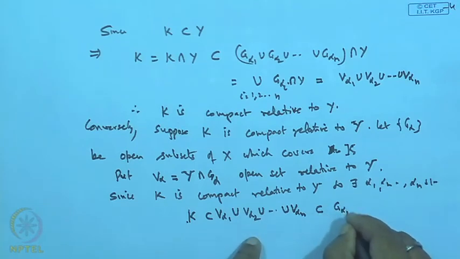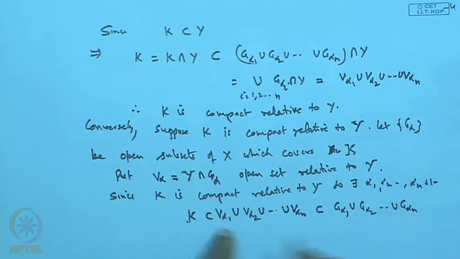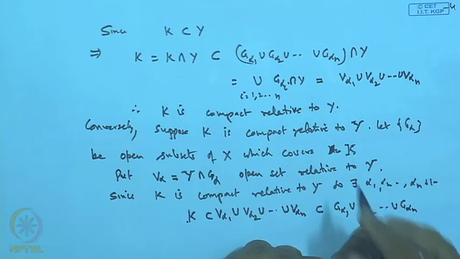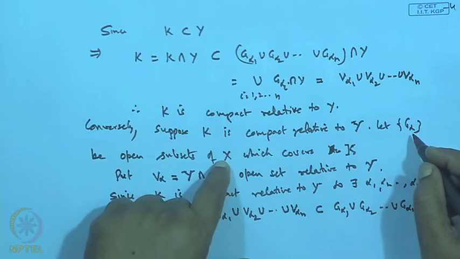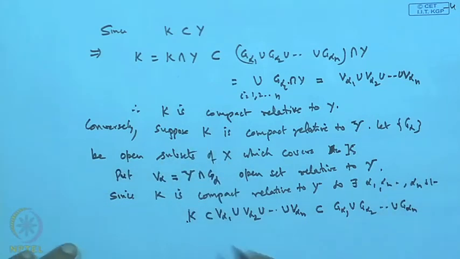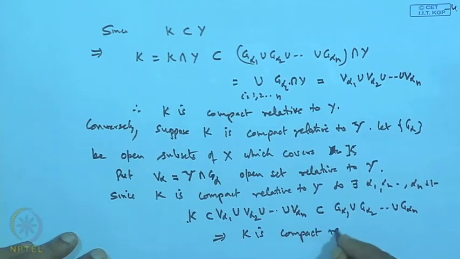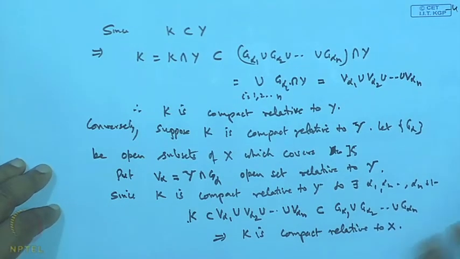Subsets of G alpha 1 union G alpha 2 union G alpha n. V alpha 1 is a subset of G alpha 1, V alpha n is a subset of G alpha n. So, K is also contained in the finite union of these sets which are open with respect to X. Therefore, every open cover of K by sets open relative to X has a finite subcover. So, this implies K is compact relative to X, and that proves the result.